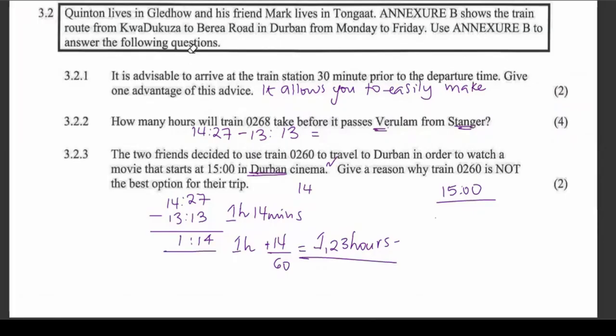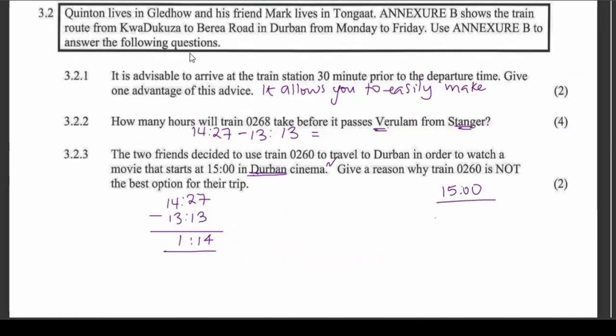I would say it's not that late because look at that. We are looking at the question. So let's see. The movie starts at 3. The train will arrive there at 14:17. They still have 43 minutes.